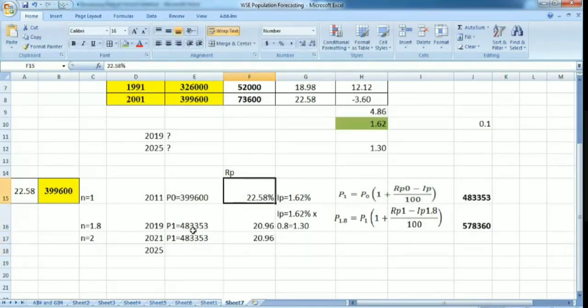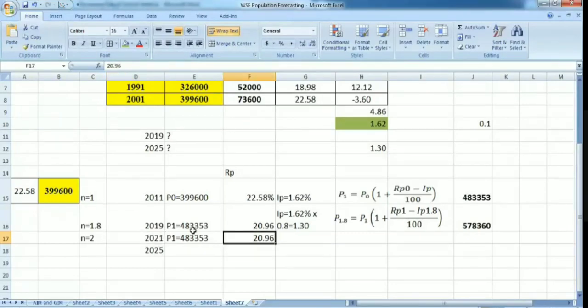See, I have calculated the RP naught value here. RP naught value is 22.58. This applies after 1 decade. This applies to the population after 1 decade. This is N2, that is, you are calculating the population for the year 2021.